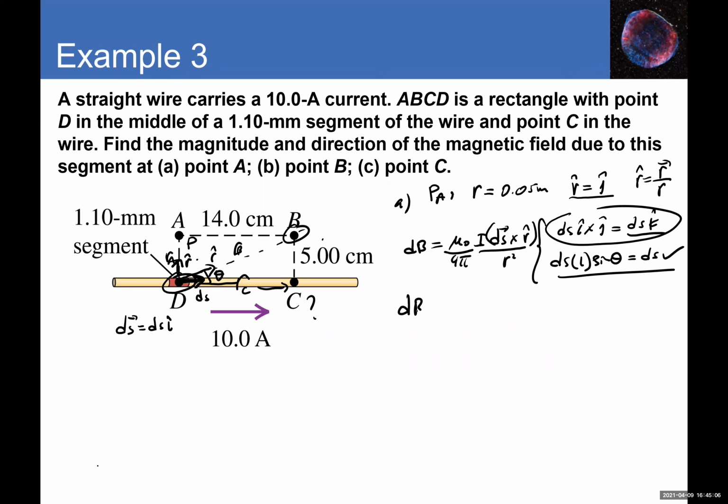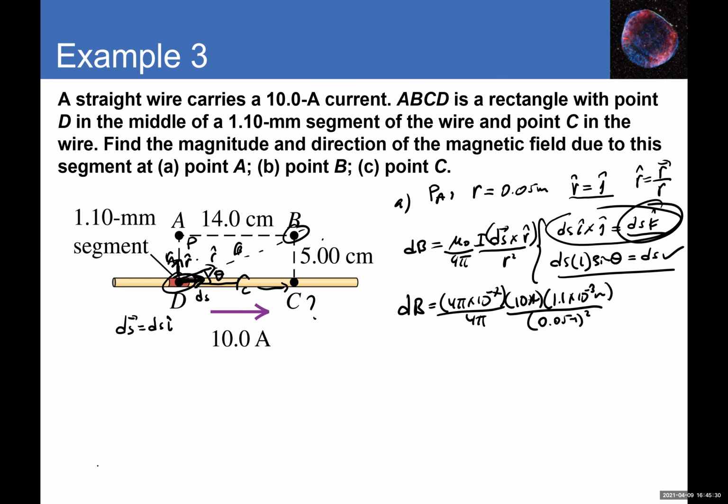Okay, so let's see what we have. So for part A, dB is equal to mu naught, which is 4 pi times 10 to the negative 7, divided by 4 pi. Current is 10 amps. And then using this first method, ds is 1.1 times 10 to the negative 3 meters, because it's in millimeters, divided by the distance, which is 0.05 meters squared.